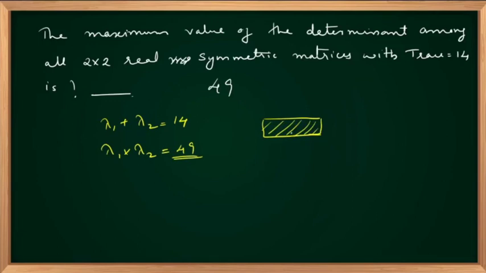With a given perimeter, the maximum area happens when it is a square, correct? That you can easily prove. So sides should be the same, right? This is 7 plus 7, the product will be 49. That is a problem of basic calculus, which means you can maximize a function given one condition using this idea.